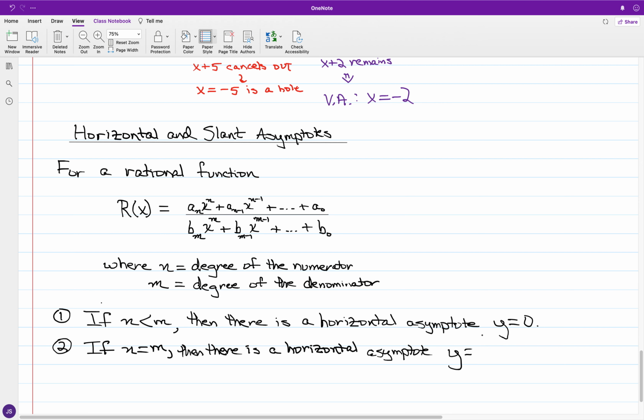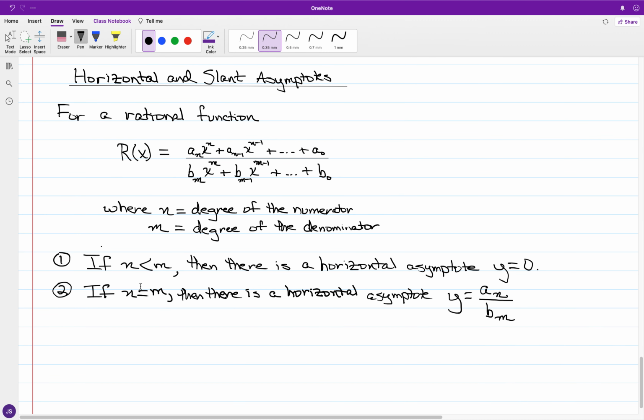We have y is equal to a sub n, the highest order term coefficient in the numerator, divided by the highest order term coefficient in the denominator. So you have a sub n over b sub m, and that is going to reduce to a non-negligible constant. So comparing n to m, you have going from less than m to equal to m.